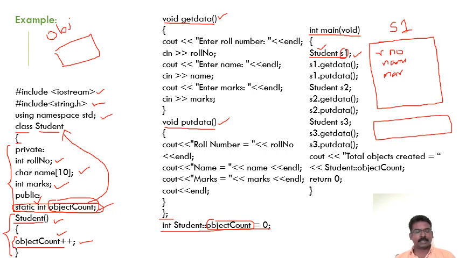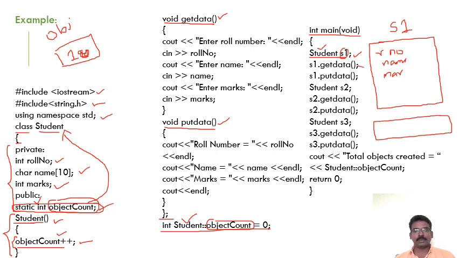So once the constructor runs, before incrementing it is 0, and once the first object is created, object count plus plus gets incremented. So the value increments by 1 and becomes 1.